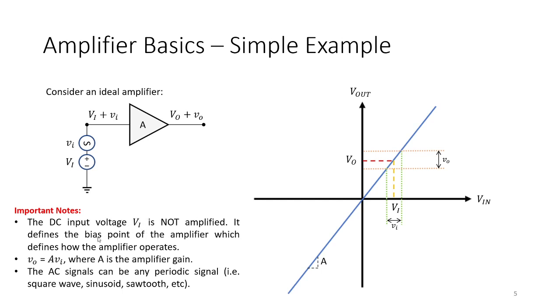What will be amplified is the small v, small i quantity here. So you get v out equals A v in, where A is the amplifier gain. Take note, capital V, capital O is just the DC bias on the output side. The AC signals can be any periodic signal: square wave, sinusoid, sawtooth, etc.